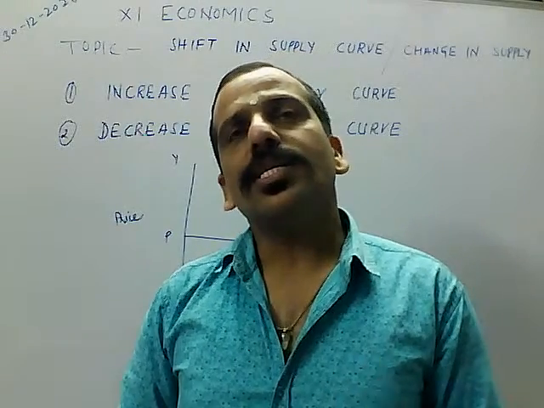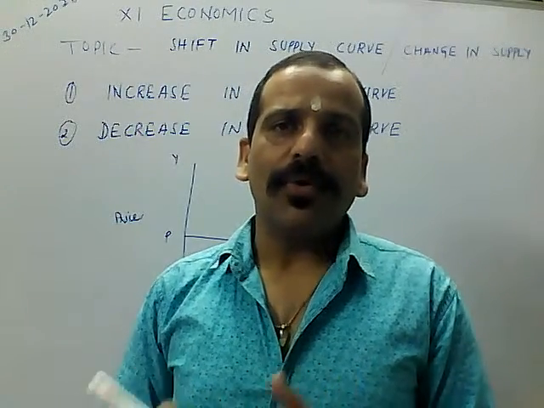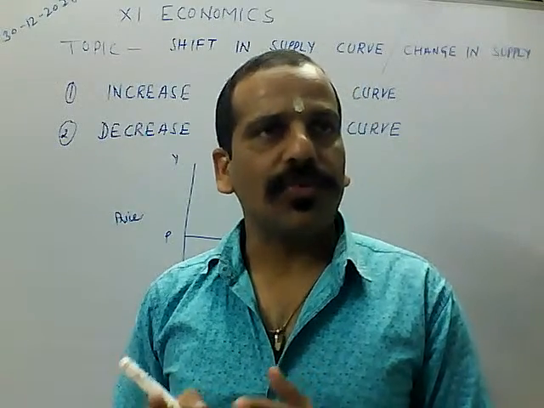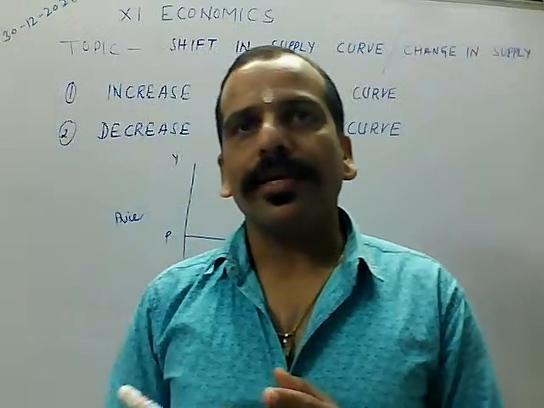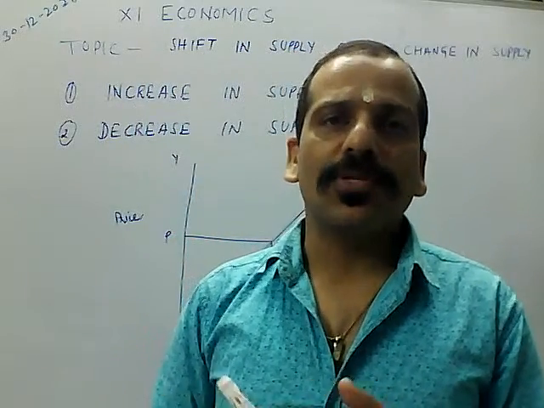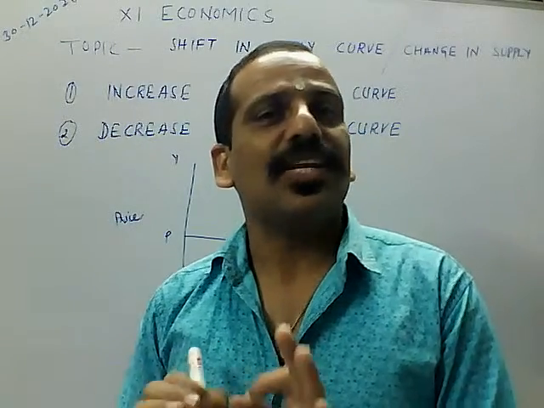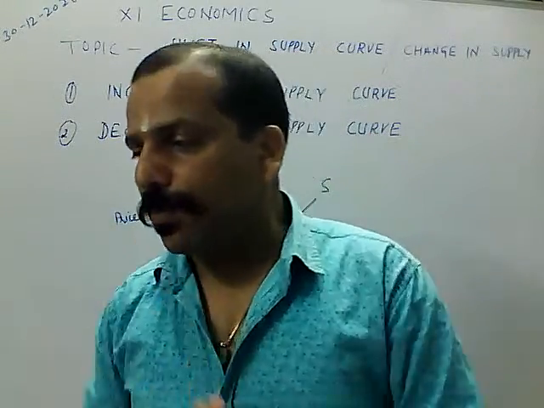Or there is a decrease in GST. Favorable taxation policies in favor of the producer. Now the government has made some changes in the taxation policies, and that new taxation policy is in your favor, so you may increase the supply.